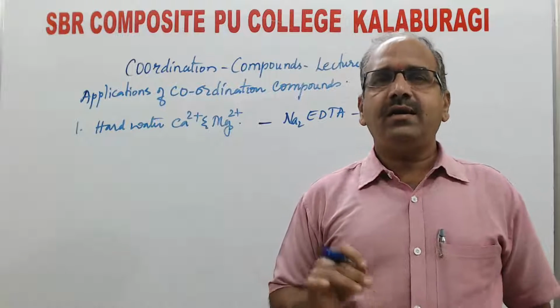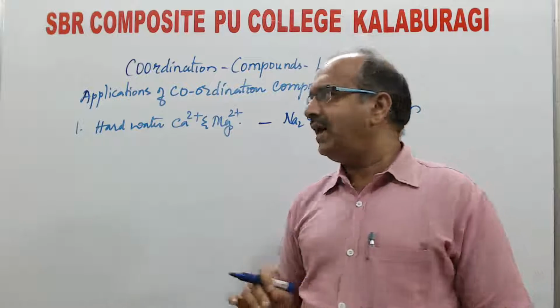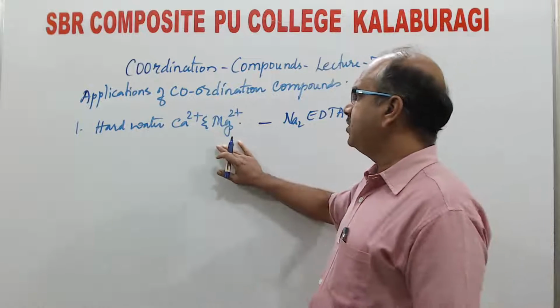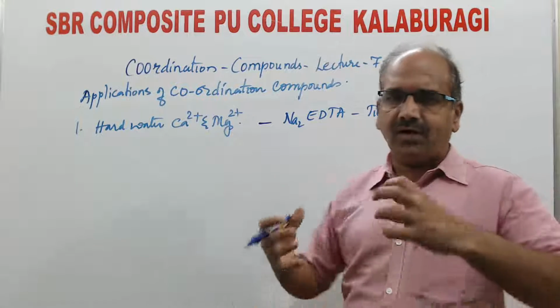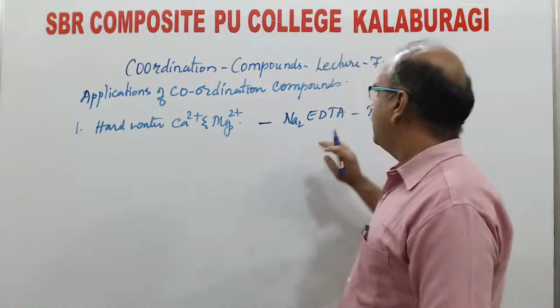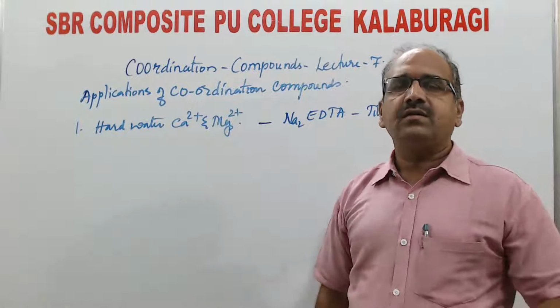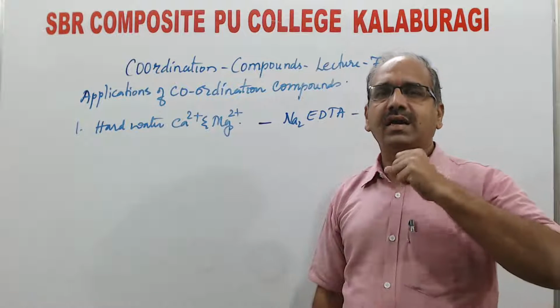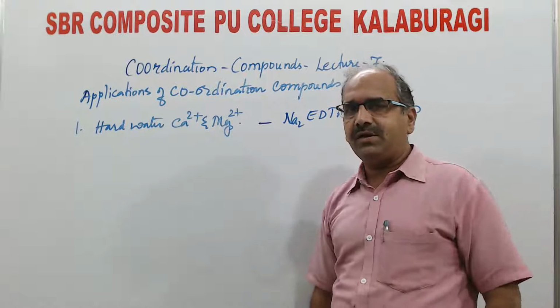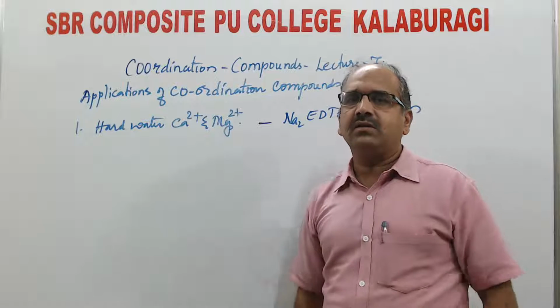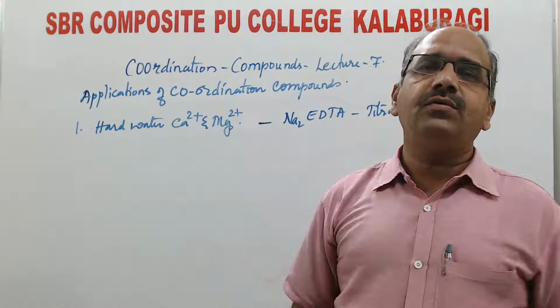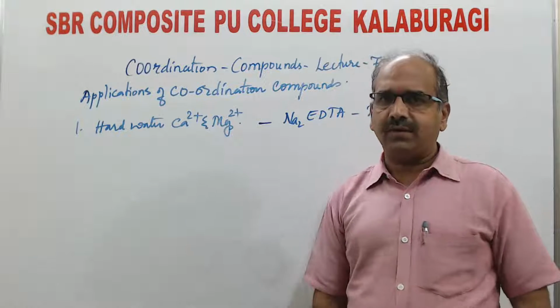What happens is that calcium and magnesium ions form a coordinate bond with the EDTA, and sodium ions go into the solution. So you come to know how many calcium ions and how many magnesium ions are present, and together the total count gives you the total hardness in water.